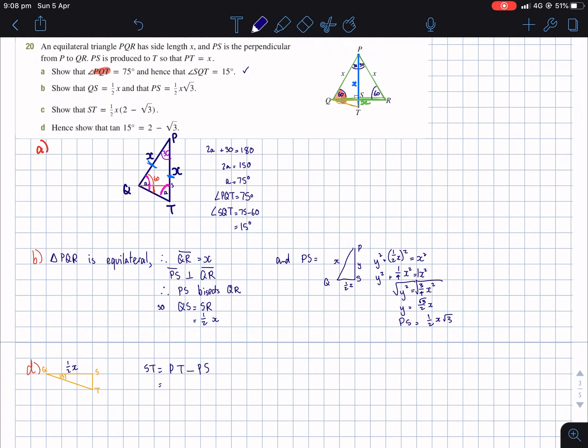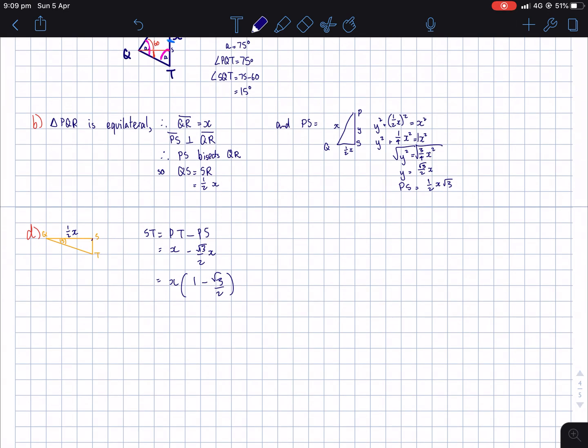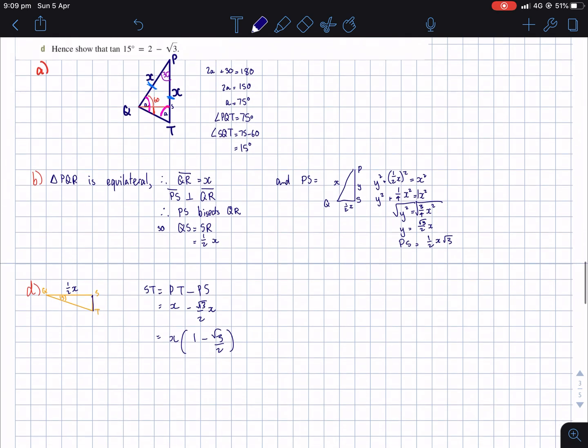So PT was X. PS we've just discovered is, that's minus, not equals, √3 on 2X. So we've got X outside of 1 minus √3 on 2. I'm not going to deal with that for now. I'm just going to leave it as it is. So that's ST. That's this length here. And I'm going to try and find tan 15.